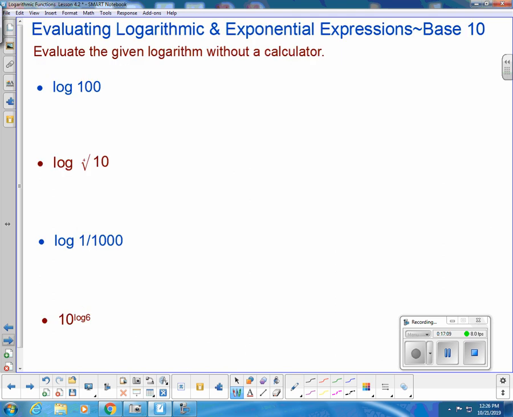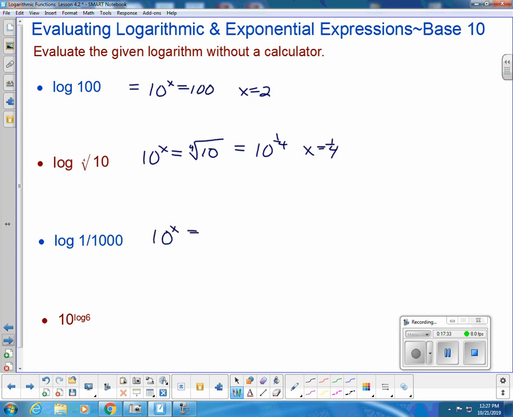But without your calculator, what's the log of 100? Ten to what power gives me 100? Okay, 10 to what power gives me the fourth root of 10? 1/4. 10 to what power gives me 1 over 1,000? So it's going to be -3, right?